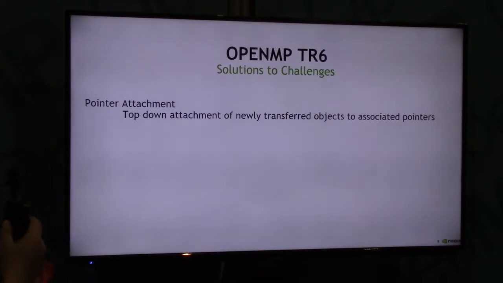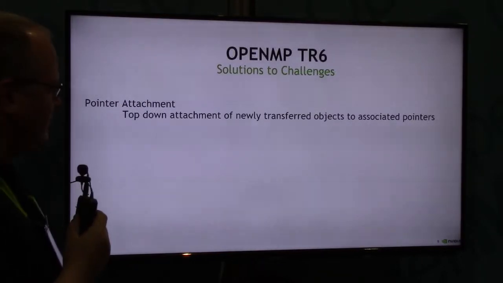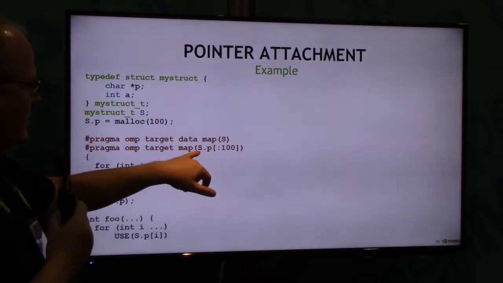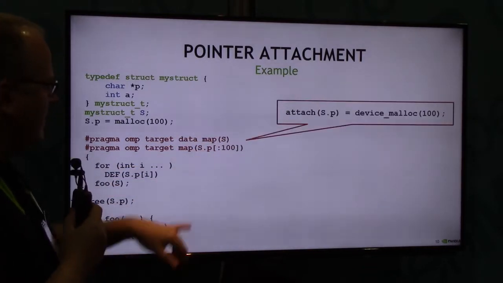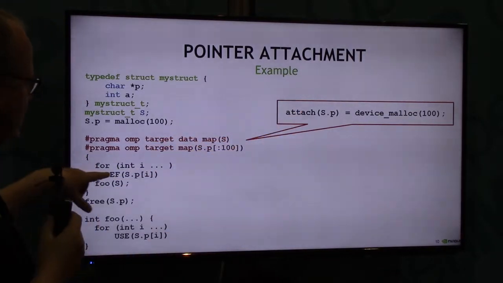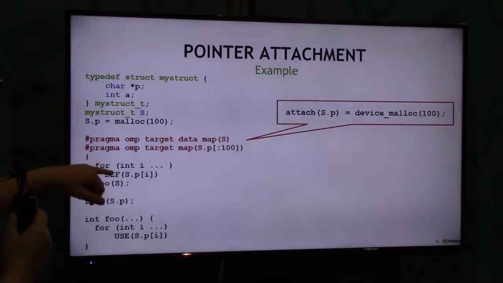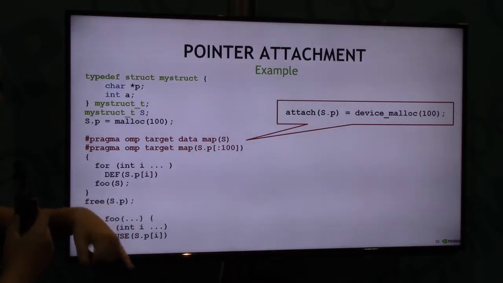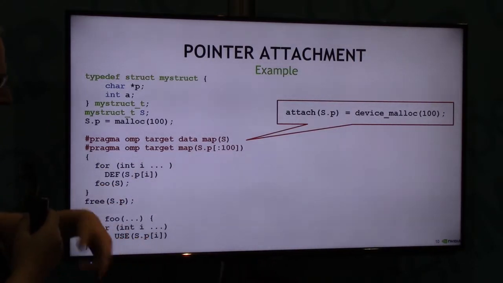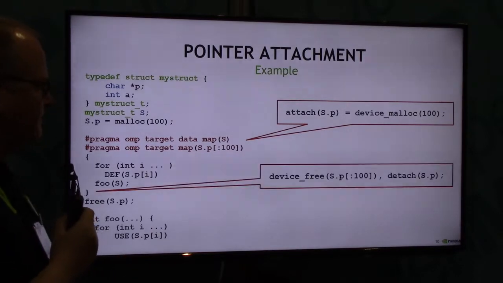is now solved by pointer attachment, a top-down approach to doing this. Now when you do the mapping, map S, then map s.p, this s.p will be moved to the device and then it will be attached. So inside of this region, s.p actually points correctly to the device address, and when you make the call, s.p points to the correct address on the device.